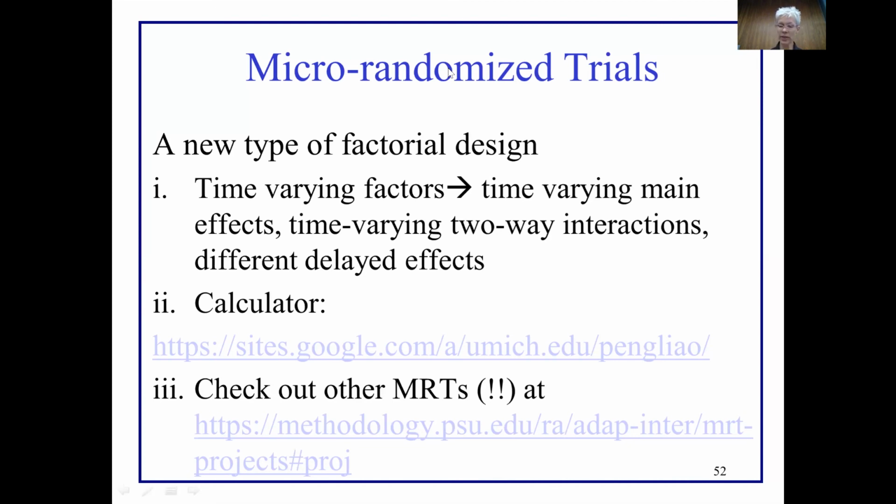Next question: why do we need micro-randomized trials? The main reason, of course, is because you're interested in understanding, for example, on a particular day, if I provide an activity suggestion versus if I don't provide that activity suggestion, that the effectiveness of that suggestion may depend on how many suggestions I gave you over the past 24 hours.